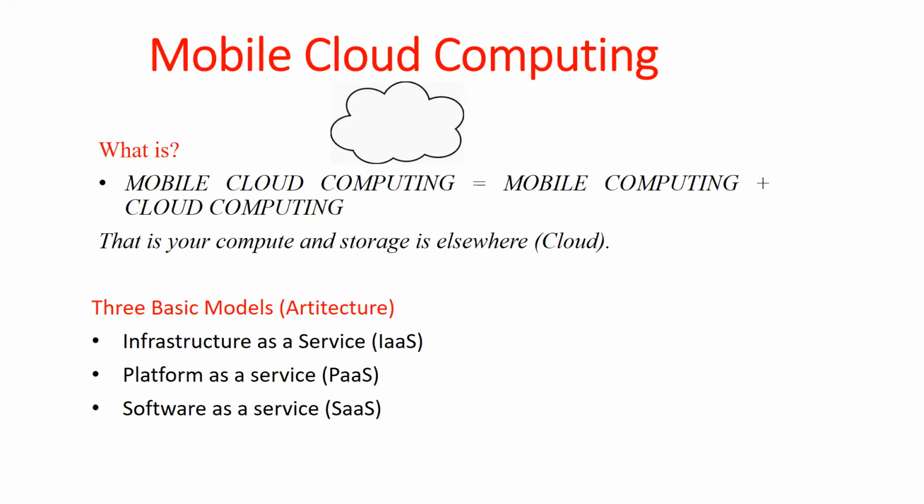Well, some also claim there are some other models as well, like mobile multimedia as a service or mobile testing as a service. But these three models basically suffice the need of the others as well. And there are three flavors of the cloud, which is basically hybrid, private, and public.